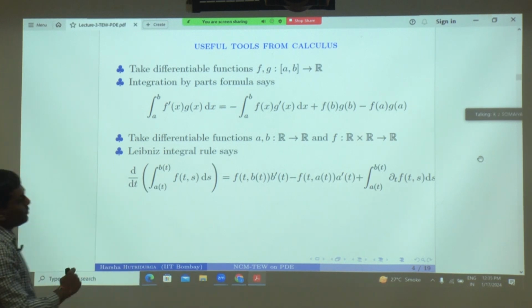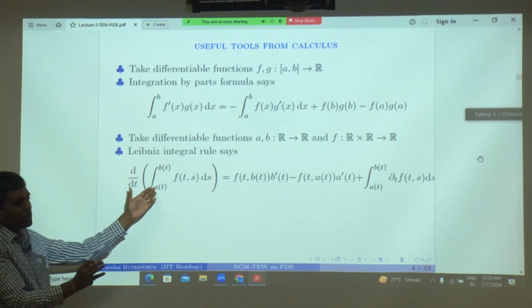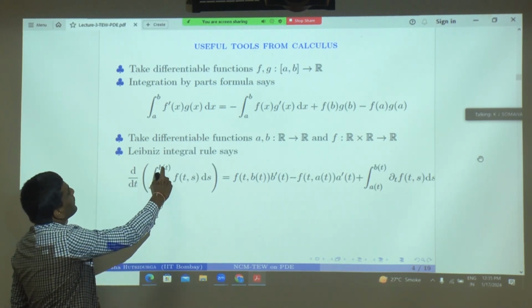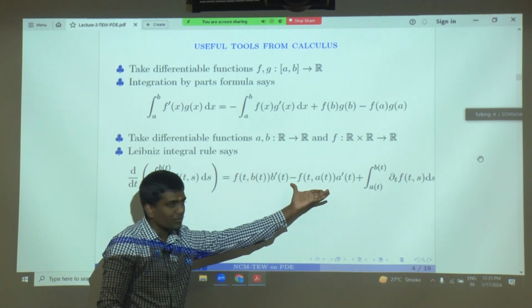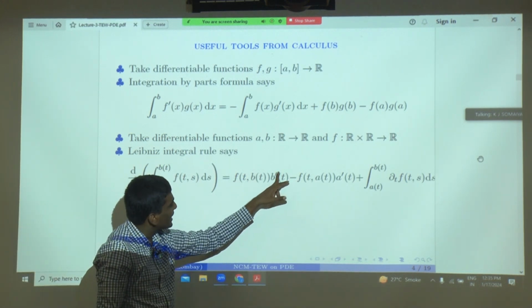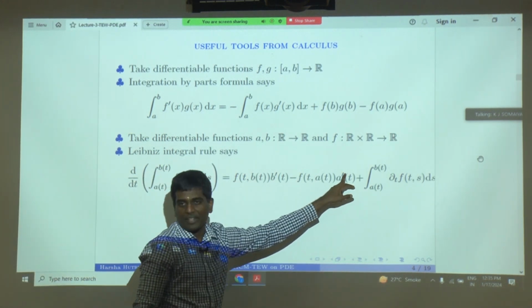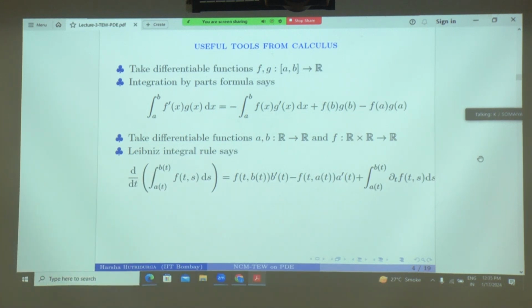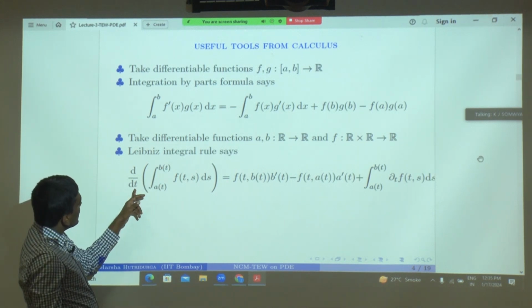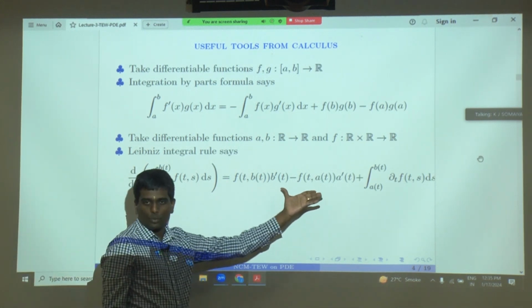But there are some terms that you need to add also. If a and b are just constants, these two terms will not contribute, because there is a derivative of b and a derivative of a. So if a and b were constants, our intuition is right, and you can blindly take the derivative inside. But if these are functions of the t variable, then you have to add these two terms.